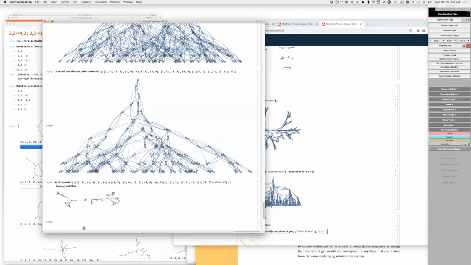I see. Your point about the unmerged is that a single thread of evolution is an unmerged evolution. Yeah. Right. And the merging is just convenient for understanding the multi-way system.